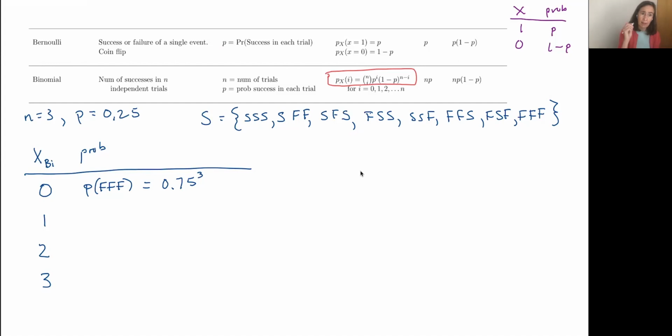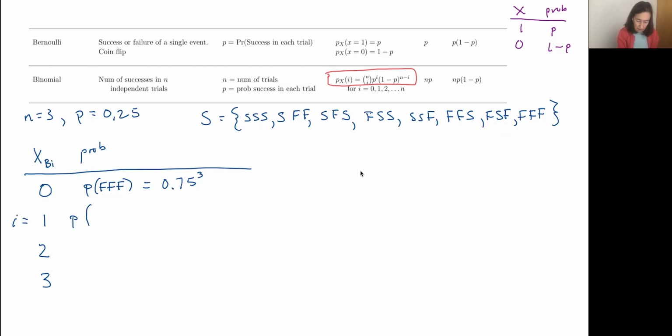It gets a little more complicated as we increase the number of successes we're looking at, as we think about different possible values for this same random variable. So for x equals 1, the probability of that is, let's see, this is a case where we have 1 success, this is a case where we have 1 success, and this is a case where we have 1 success.